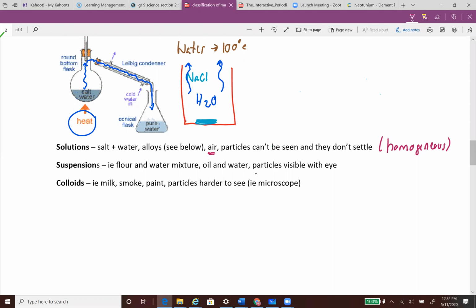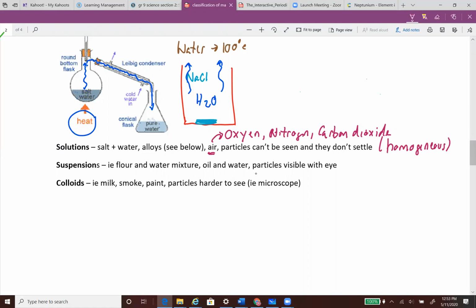From the previous worksheet, we know air has oxygen in it, and we know it has nitrogen in it. And you should also know it has carbon dioxide. We often think of solutions as liquids, but not necessarily. Solutions can be gases too. If I look at air, it doesn't matter if I turn my head left, right, up, or down, air looks the same. So it's homogeneous.